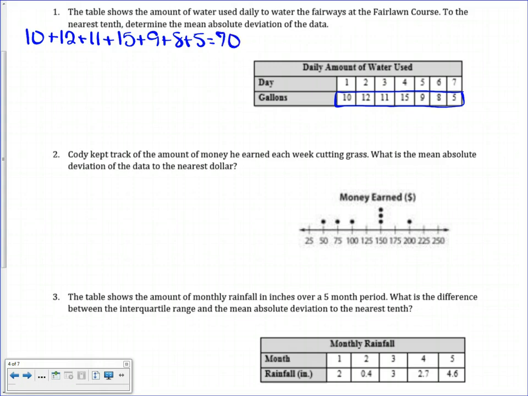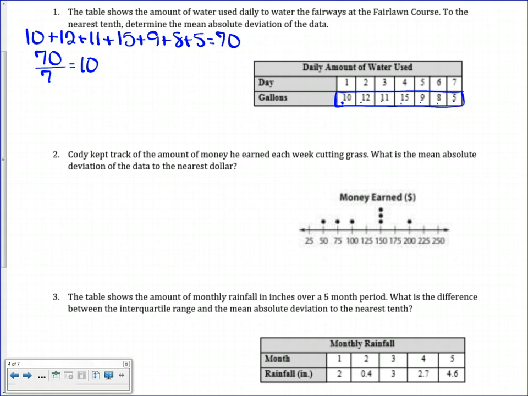Add those up and we get 70. And then we divide those by the number of numbers we added. So there's 1, 2, 3, 4, 5, 6, 7. So 70 divided by 7 is 10. So the average for our data is 10 gallons.